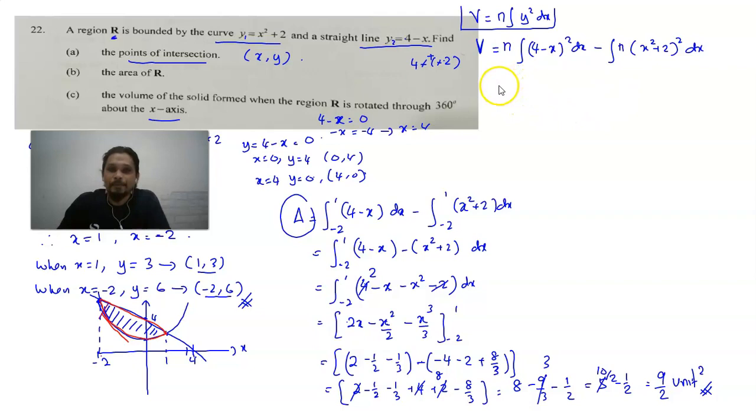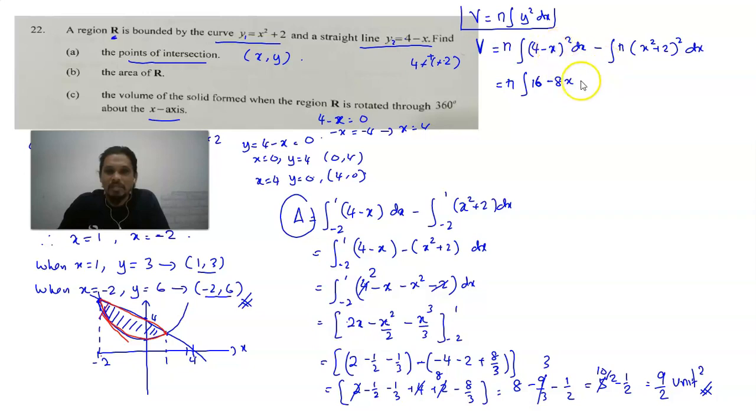Then now, pi integral of this (4 minus x) squared means 4 minus x multiplied with 4 minus x, which is 4 times 4 equals 16. 4 times negative x equals negative 4x, another negative 4x, negative 8x.